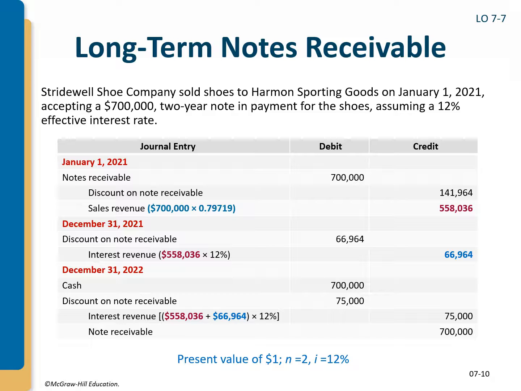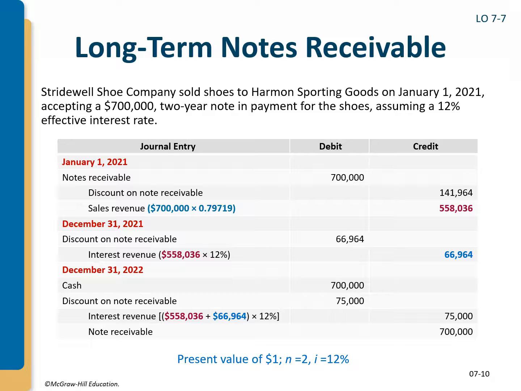That remaining balance is the amount of interest you must recognize in the second year. So debit discount on note receivable, credit interest revenue. But we wanted to show you, you can calculate it too to make sure you're right. Then debit cash and credit note receivable. So all different ways notes receivables can present themselves.